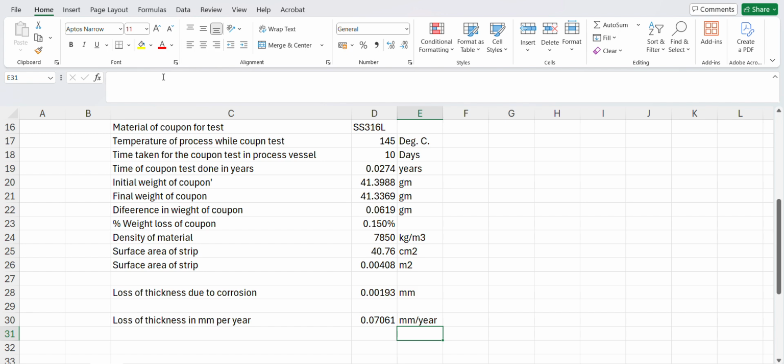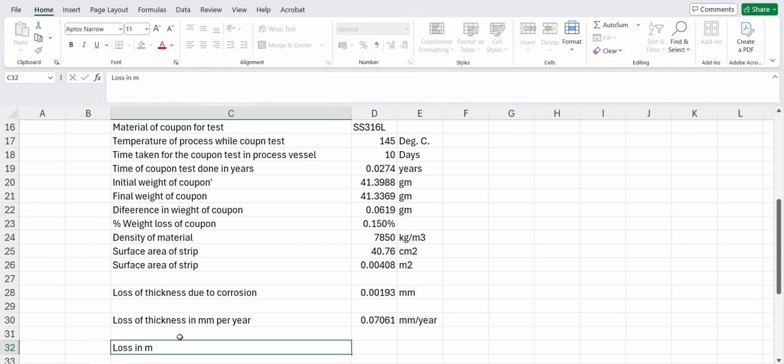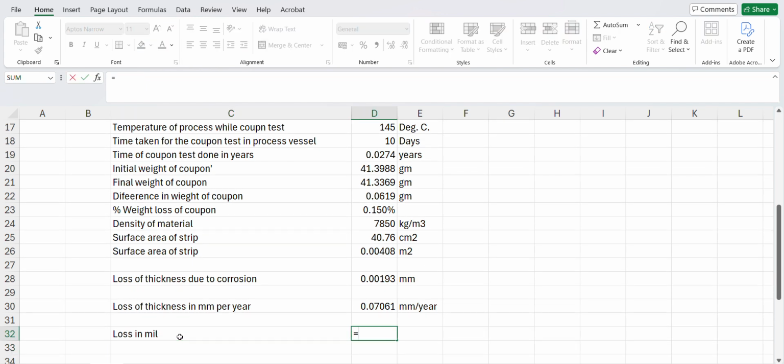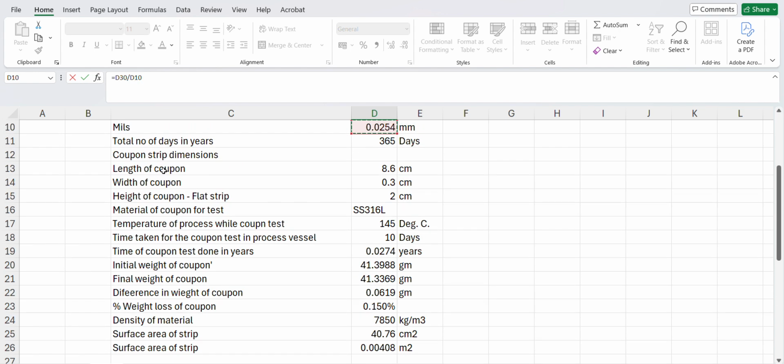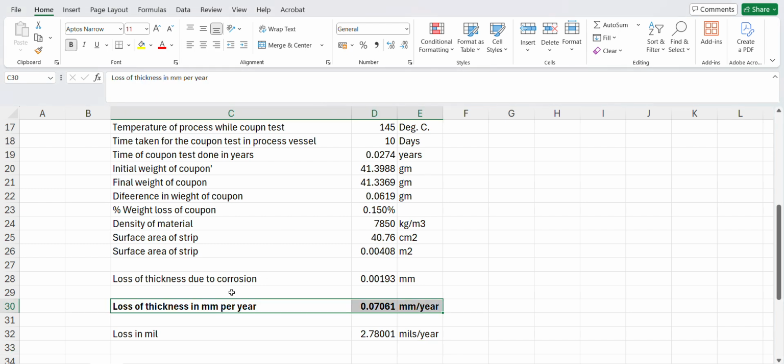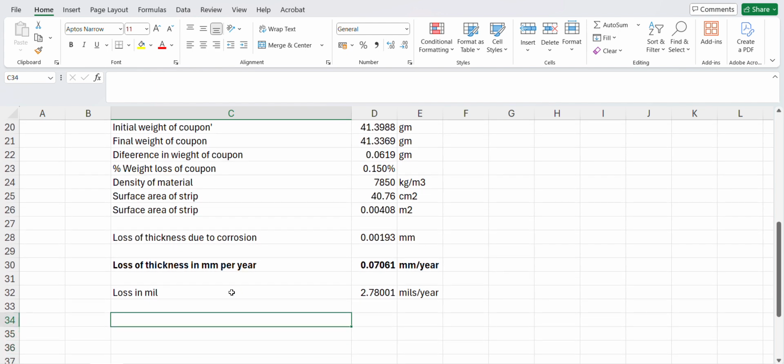Finally, we calculate the loss in mils by dividing the calculated loss per year by the mil value, so that we get the loss in mils per year.